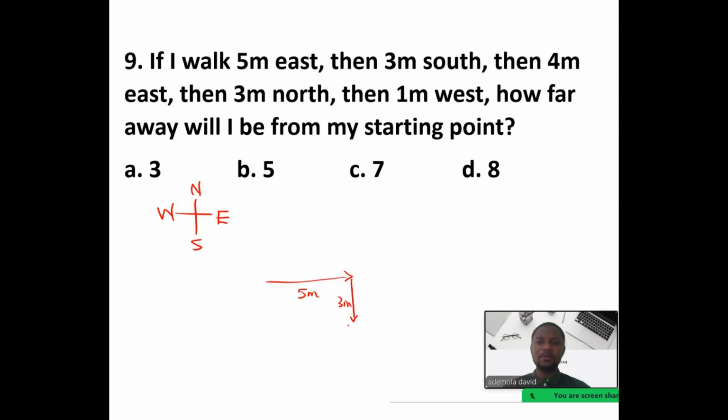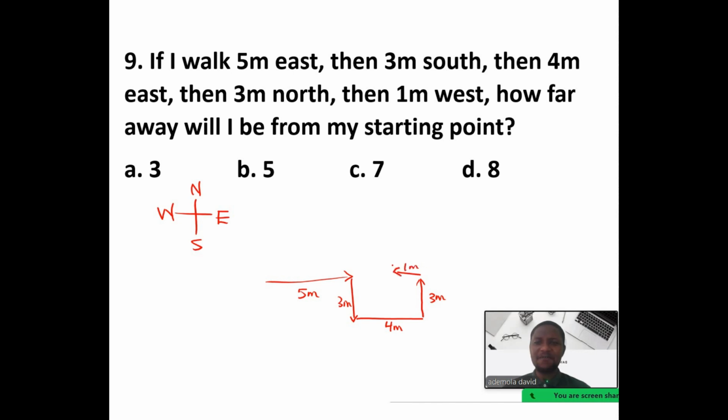And then 4 east, so you move this way, and this is 4 meters. That's east. Then 3 north, so you go up, that's 3 meters. And then 1 meter west, so west is this direction, and they said 1 meter.